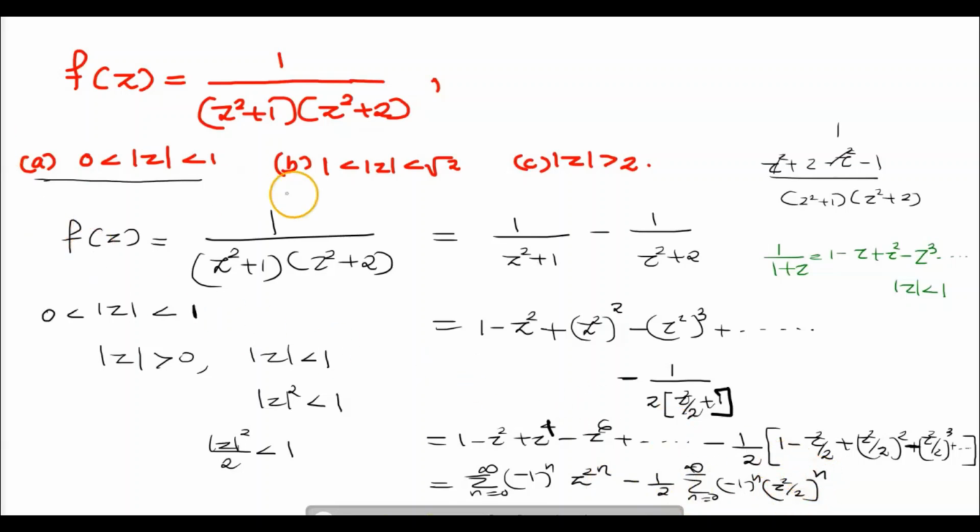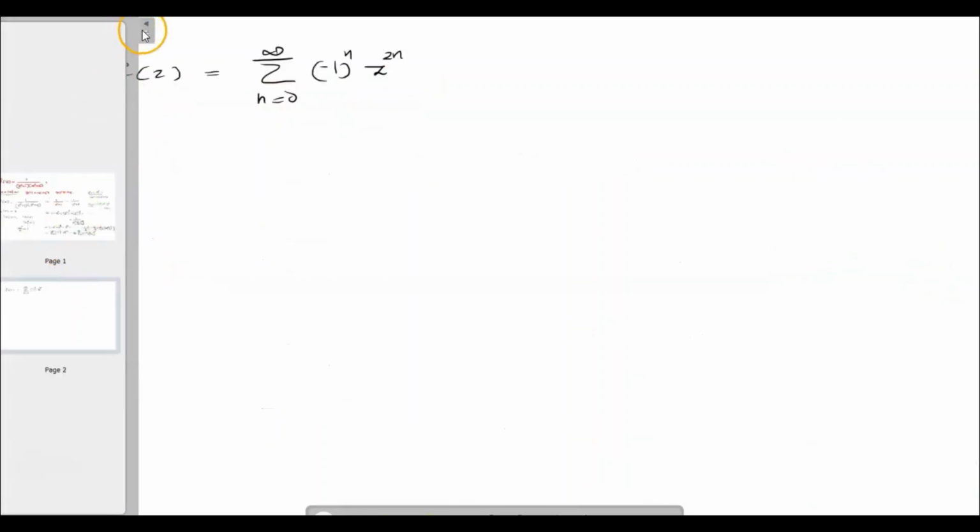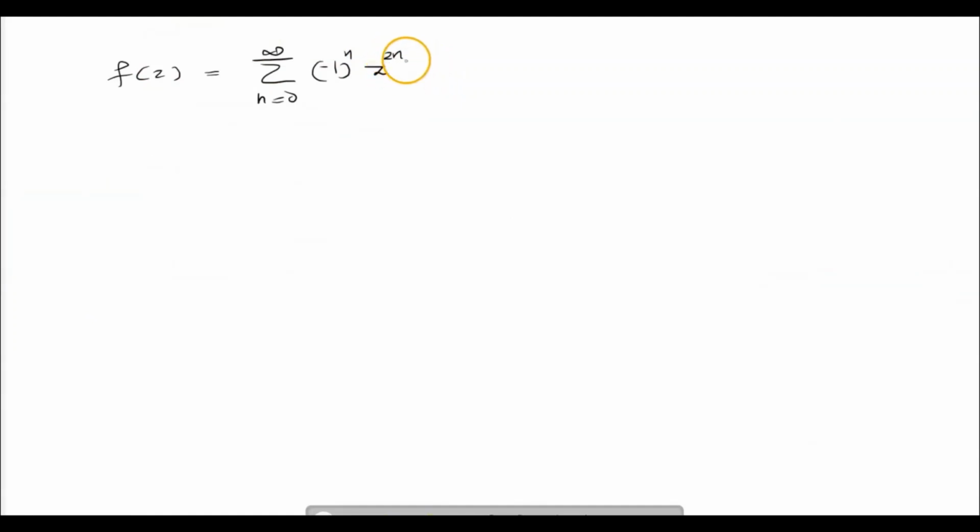So combined we can write as z raised to 2n is common, 1 minus 1 by 2 raised to n plus 1. So this is our series valid for 0 less than mod z less than 1.